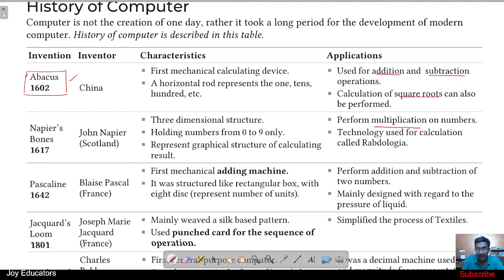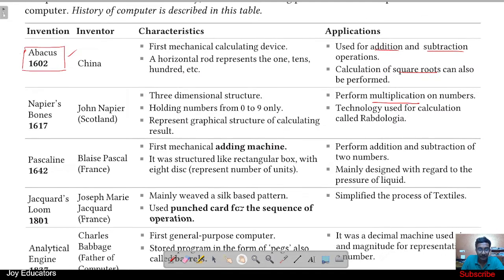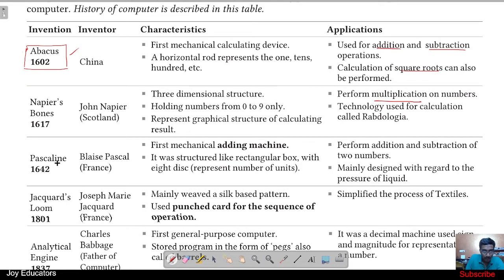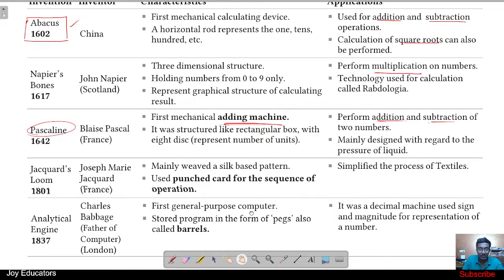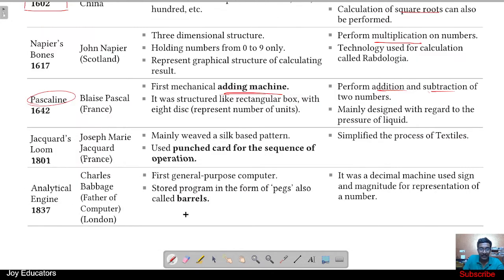And then there is something called the Pascaline, done by Blaise Pascal, the first mechanical adding machine, which performs addition and subtraction of two numbers. As days go by, there are a few other things like punched cards and barrels.